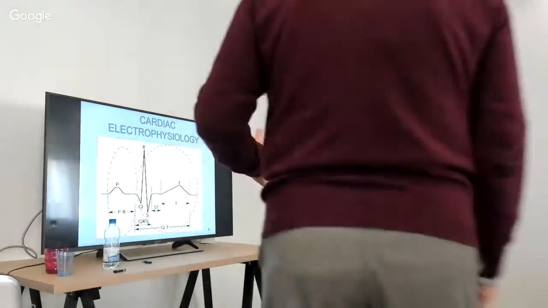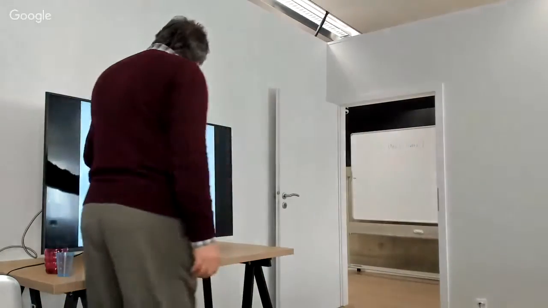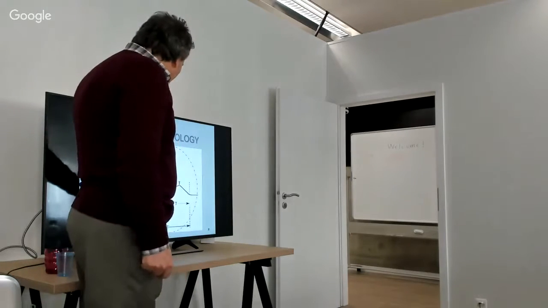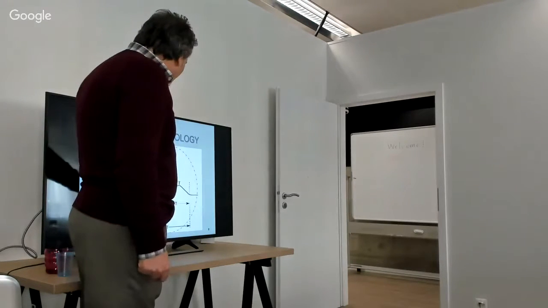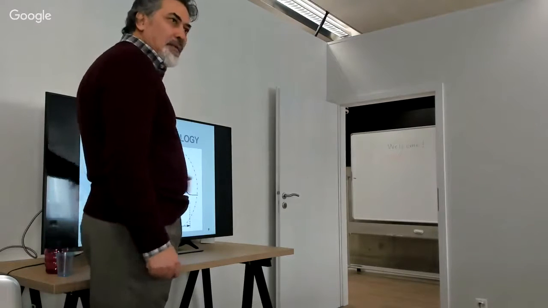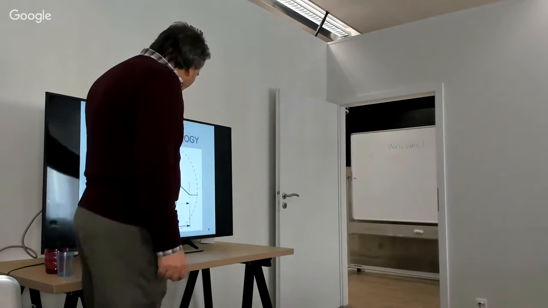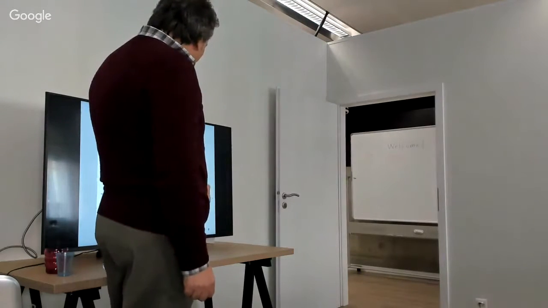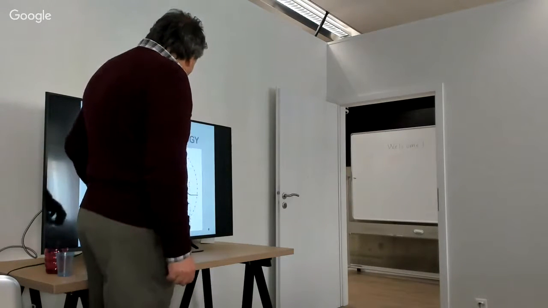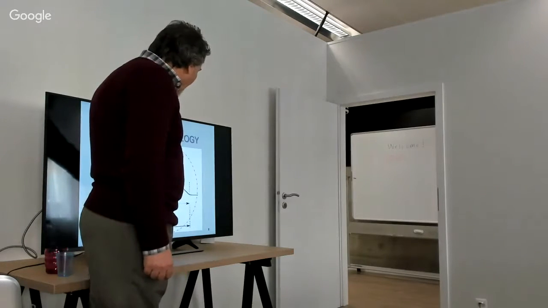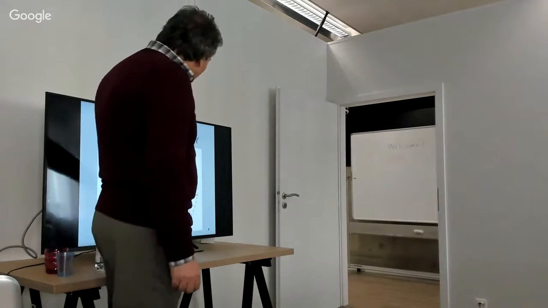P, we said, is the depolarization of the atrium. Then there's a delay between the end of the depolarization of the atrium and the depolarization of the ventricle, that is QRS. And then all the ventricle is depolarized.